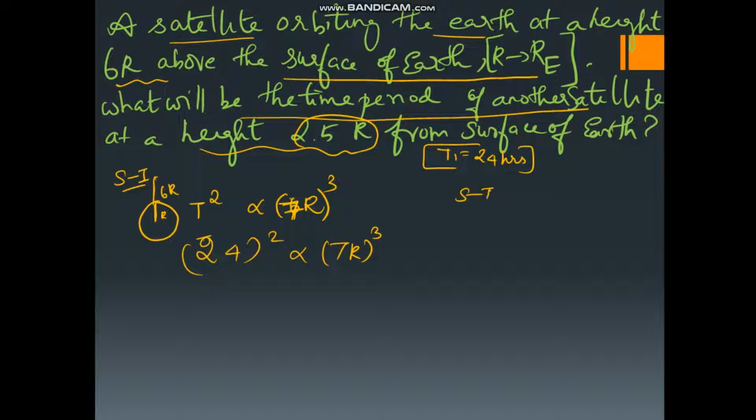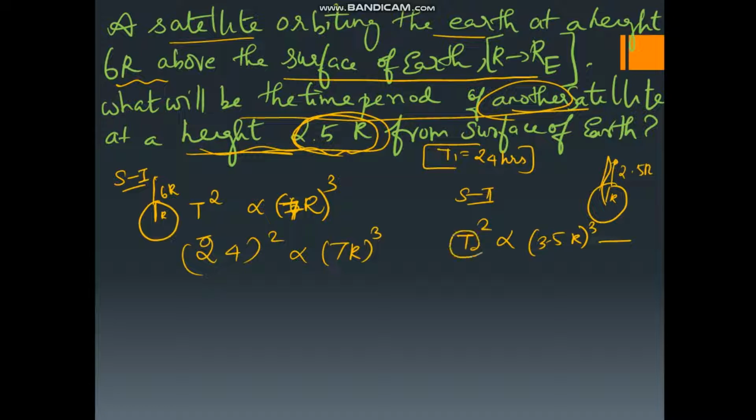Now for the second satellite, let us draw the diagram. The time period of another satellite at a height 2.5r from the surface of the earth: the radius is r and this satellite is at a height 2.5r from the surface. So T square is proportional to, from the center, 3.5r the whole cube.